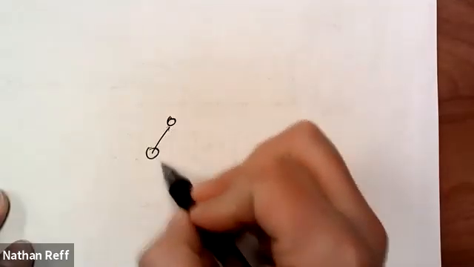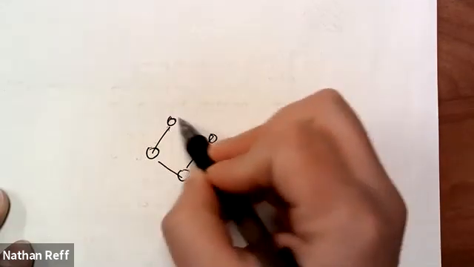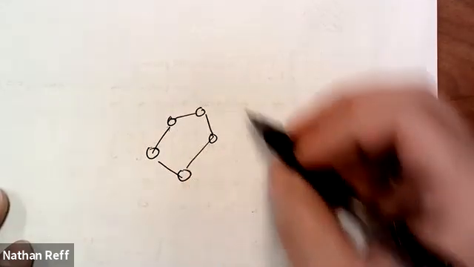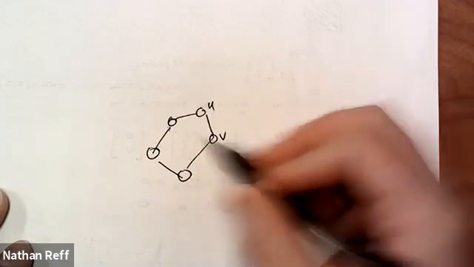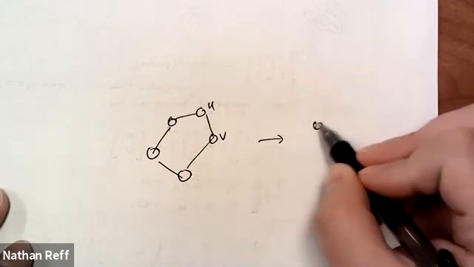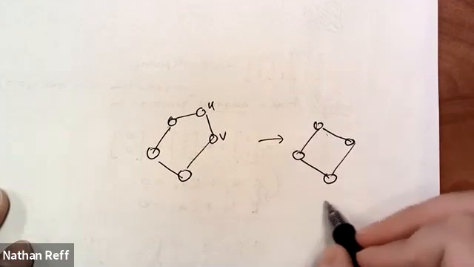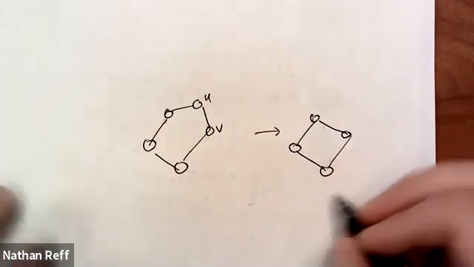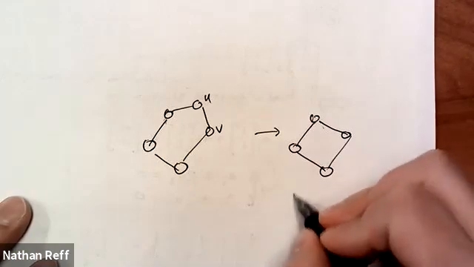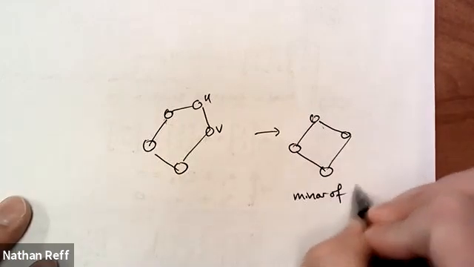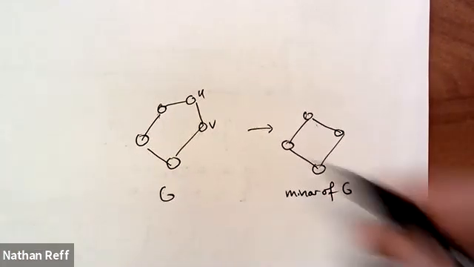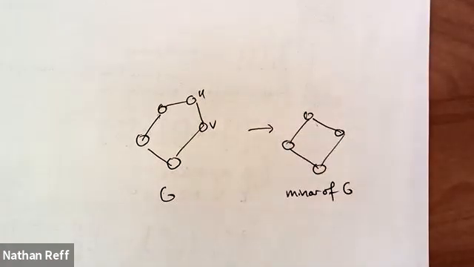For example, okay, here's a 5 cycle. Do you agree that I could identify these two and I would get a 4 cycle? So this is a minor of the original graph. Okay. So what if you delete the original connection?